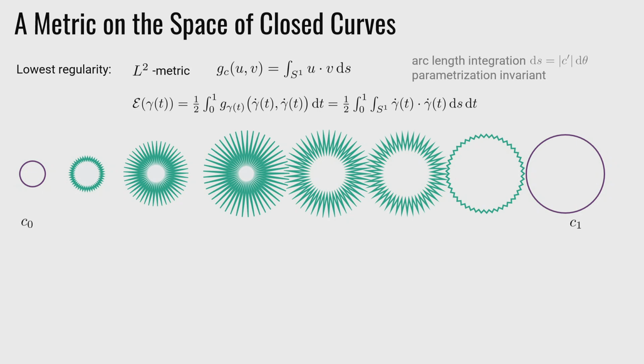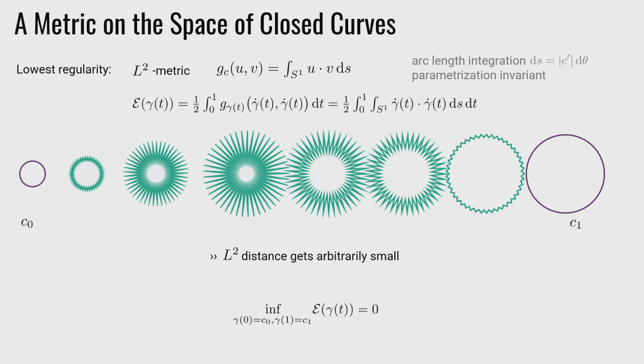And actually you can show that if you increase this even more, so add more of the spikes, the energy would further decrease. So you can construct paths that have arbitrarily small distance with respect to this metric, which leads to the follow-up that the infimum of the energy of paths between those two shapes is actually getting to 0.